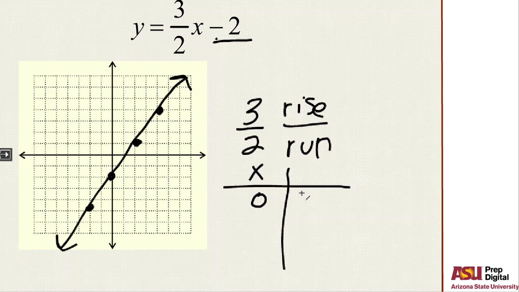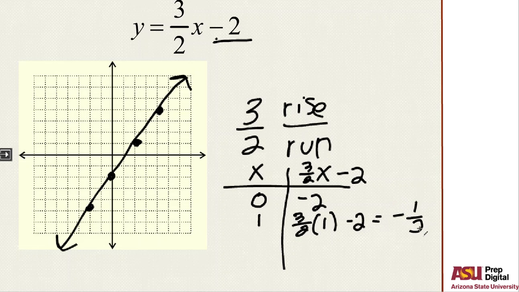So if I put in 0, I get -2 because 3 halves times 0 is 0. But then if I try to plug in 1, I'm going to get 3 halves times 1 minus 2, which is -1/2. So right around here.